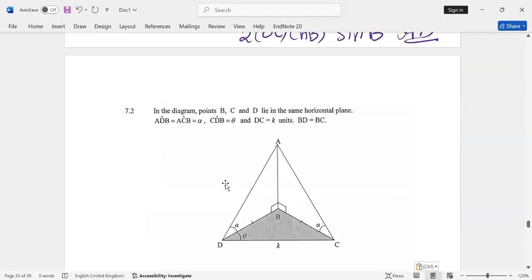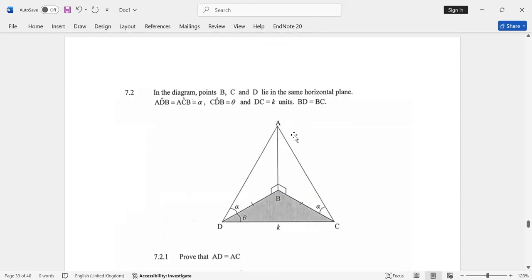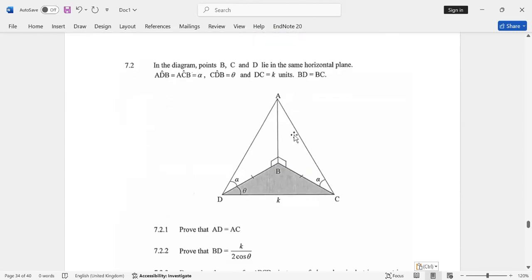In the diagram, points B, C and D lie on the same horizontal plane, as you can see over there in the shaded area. So ADB and ACB equal alpha, CDB equals theta, and DC equals k units. BD is equal to BC.